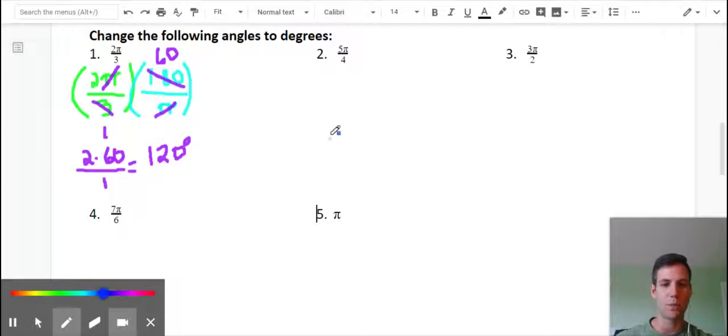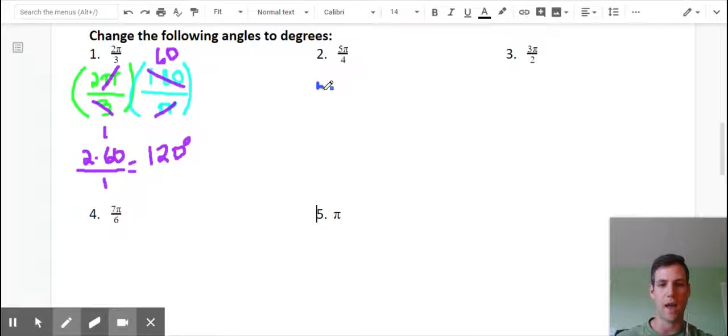Moving to problem number 2, we have 5 pi over 4 that we can multiply by our tool from our notes of 180 over pi.